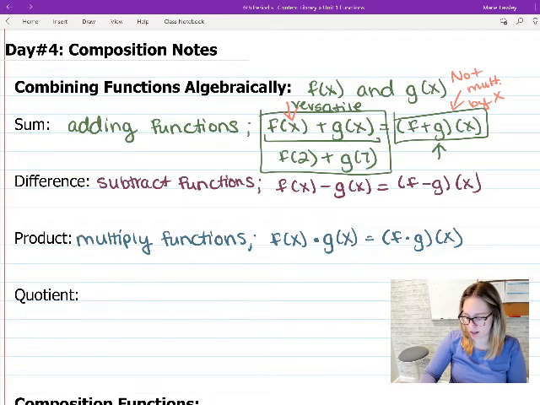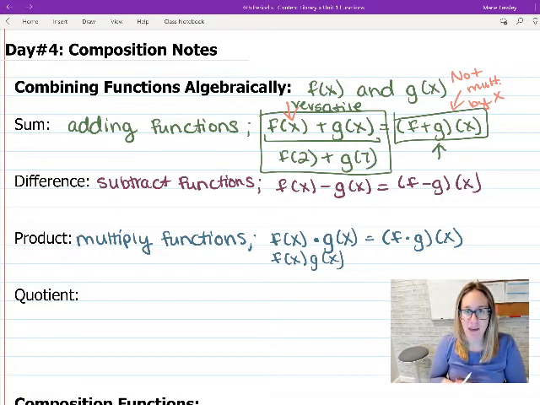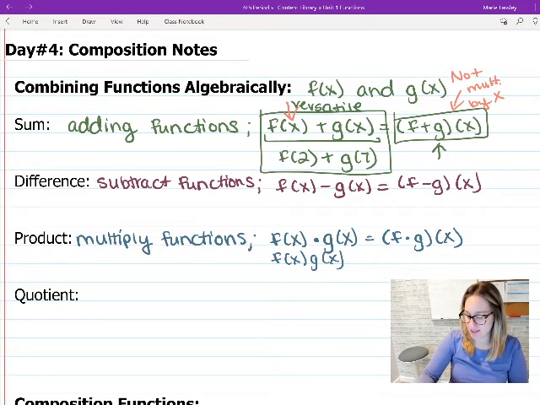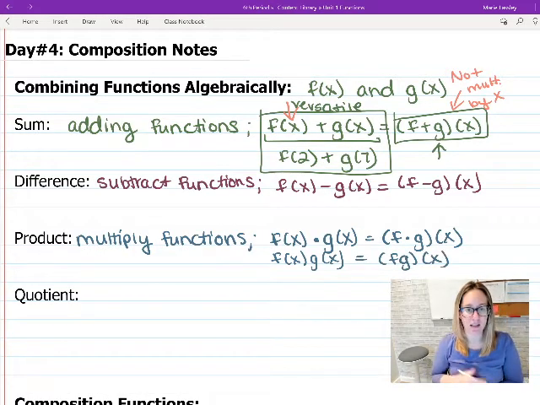Sometimes they'll just write it like this, f of x, g of x. And we know that that means multiplication. So sometimes you don't need to put the dot there, you just know. Same thing over here. If you just see f, g of x, we're multiplying. But mostly I see it with a multiplication symbol, like the top version. I've never really seen it without the dot. I think it's just because they want to make sure you know what's happening there.